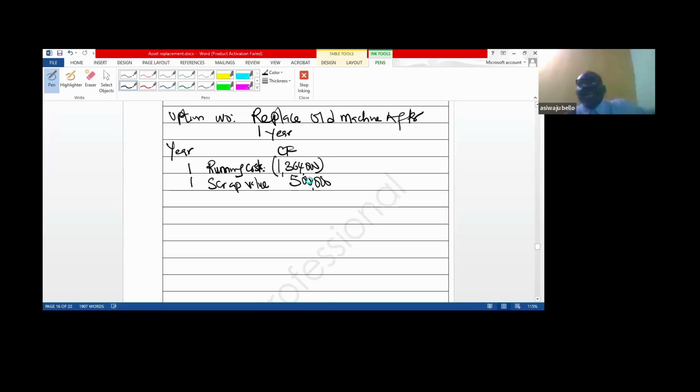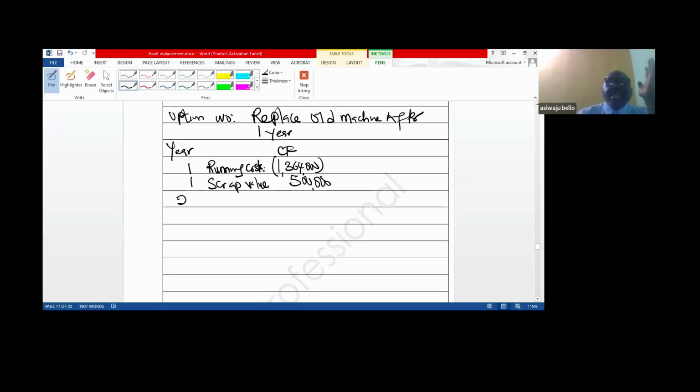We now introduce our new assets. That means the new asset now, we run from year 2 to year 3. You know, we have 3 years. We have retained the old asset for 1 year.